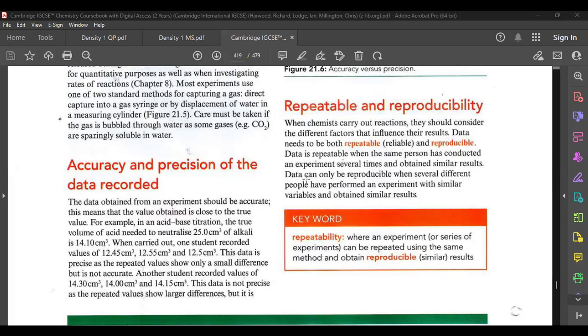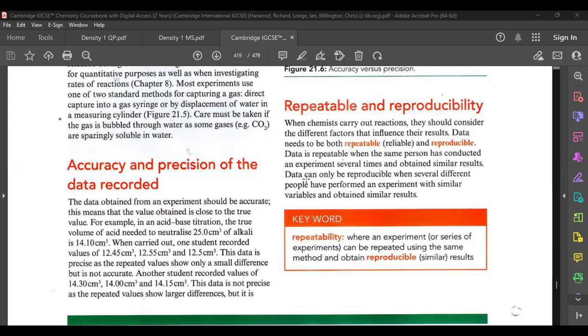Then the next part is how it is reproducible. Reproducible means if there are 5 students in the class experimenting on the same thing, using the same method, and they are getting similar results.